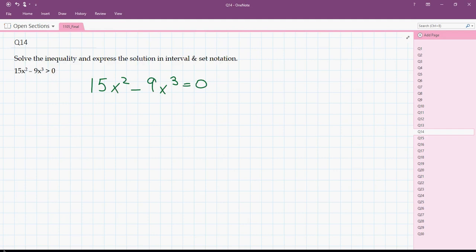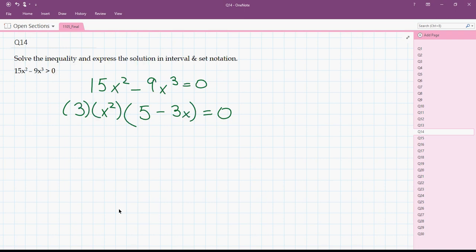They both have at least x squared. That has an x cubed, so we can take that out. So we'll take out a 3, we're going to take out an x squared. And then once we're factoring 3x squared out of each of these, this is just a 5 minus 3x. So that's our minimally factored form of the above expression.